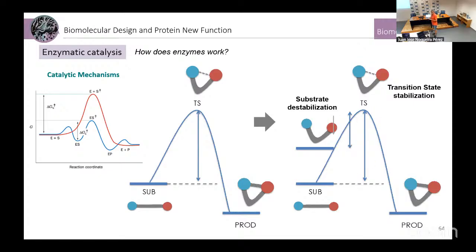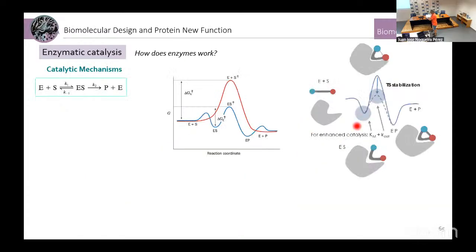At the end, we need to estimate how these free energies change, so the free energy of this process within the active site of an enzyme, right?